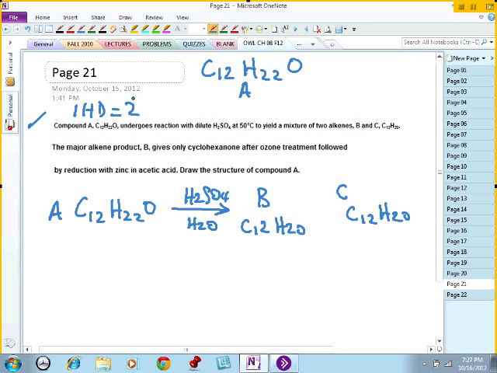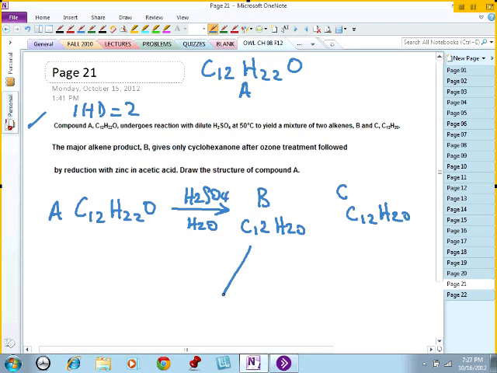So that means it may have two double bonds or two rings, or a combination thereof. Now that you have an alkene formed here, it could very well mean that you have three double bonds, because the index of hydrogen deficiency for B and C will be 3, since you have now done dehydration. This is dehydration right here.